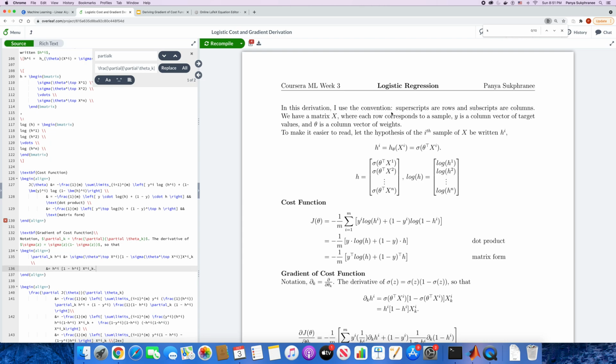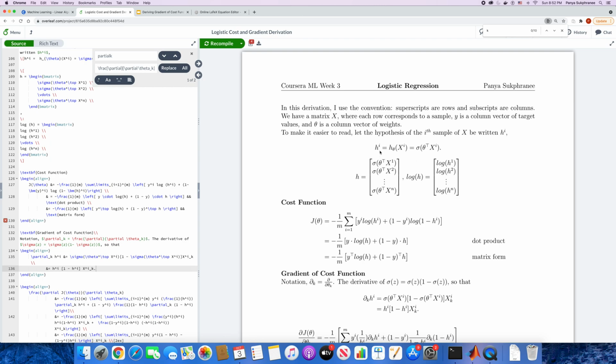Okay, so a few things to note. Superscripts are rows, subscripts are columns. The matrix X, the way it's structured is that each row corresponds to a sample. And Y and theta are column vectors of target values and weights respectively.